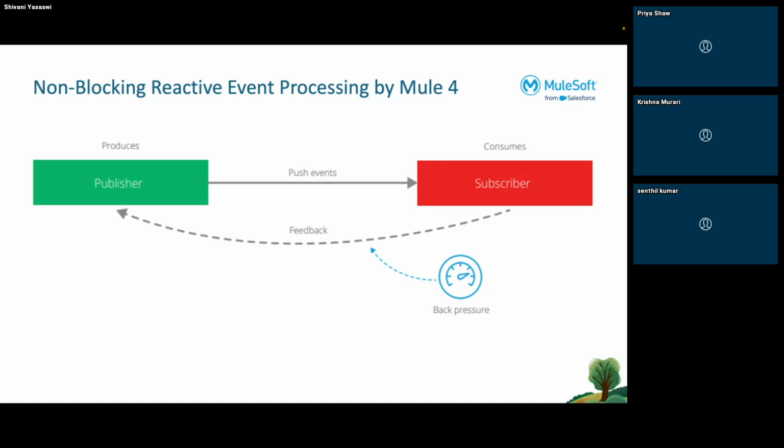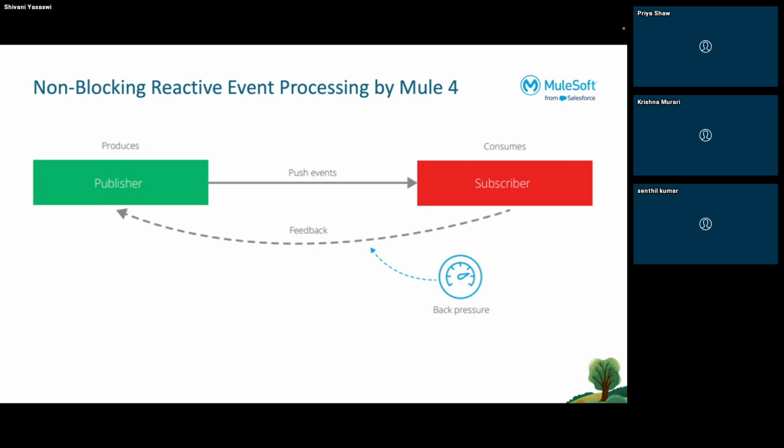Earlier, it was possible through configurations, but in Mule 4, it is the runtime that takes care of assigning the threads for the execution of a particular flow, and maintaining proper resource usability.